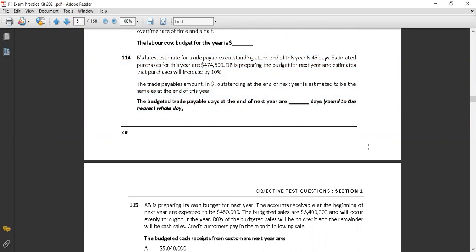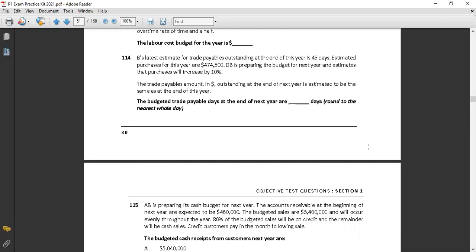Question number 114. It says, the latest estimate for trade payables outstanding at the end of this year is 45 days. Estimated purchases for this year are 474,500. DB is preparing the budget for next year and estimates the purchases will increase by 10%. The trade payables amount in dollars outstanding at the end of next year is estimated to be the same as at the end of this year.